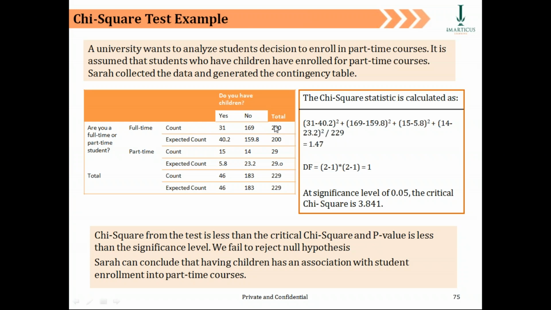So 20% of 200 comes as 40. That's what the expected frequency is. So it is following the same mathematical procedure the way we did.